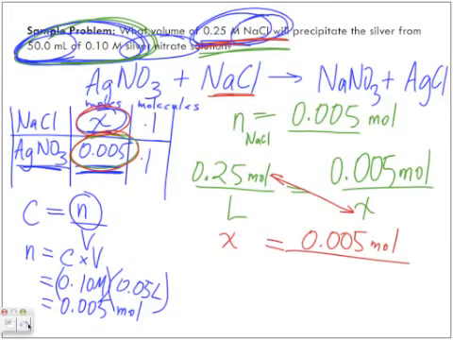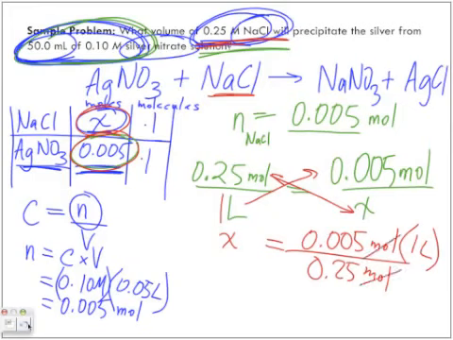We want to bring this 0.25 moles down here, and we're bringing this 1 liter over here, so times 1 liter, which isn't going to really affect anything, but when we divide our units, what is the volume that we're left with? 0.02 liters.